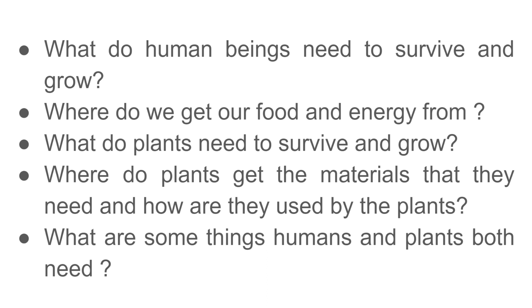So what do human beings need to survive and grow? And where do we get our food and energy from? Human beings need food, shelter, clothing, oxygen, sunlight and water to survive and grow. And we get these things from plants and the environment around us.